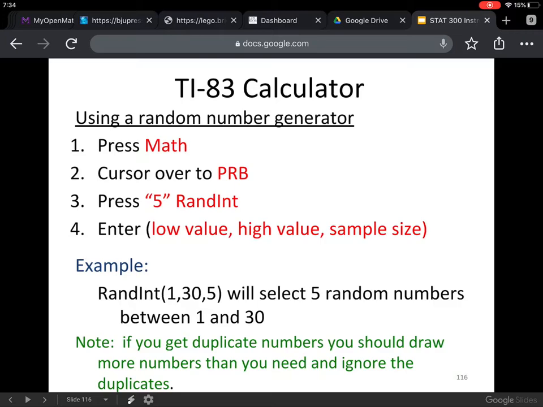Please note that you will need to show some work, and the work usually is invoking a calculator function, in this case randInt. It will give you 1 to 30; you can choose 1 to 50 or whatever the number is. And you're selecting 5 randomly selected numbers between 1 and 30. That's what the syntax says, and that's how you do this on a TI-83 or 84 calculator specifically.